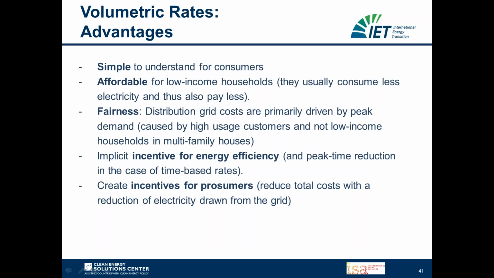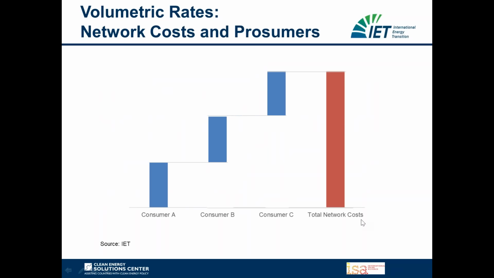And I just wanted to highlight this problem that is occurring with a few very simple graphs. So let's look at this together. Here's a very simplistic graph that shows three different customers, consumer A, B, and C, and how they actually contribute to the total network costs.